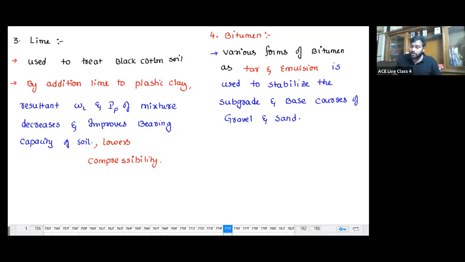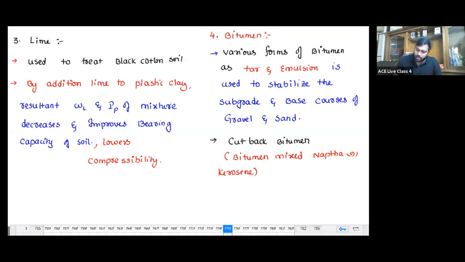Okay. And you see, in order to treat the cohesive soils, we are going to use cutback bitumen. So what is the meaning of cutback bitumen, sir? Bitumen mixed with naphtha or kerosene.